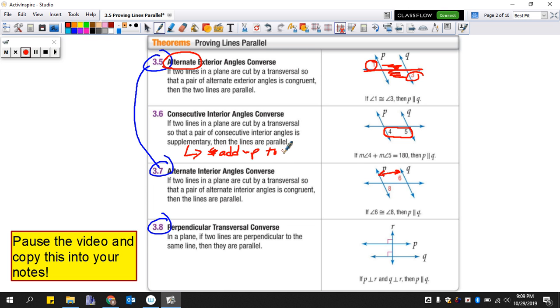So if the two inside angles on the same side of the transversal add up to 180 degrees, then P and Q, the two lines, are parallel. And the perpendicular transversal says if two lines are perpendicular to the same line, then they're parallel. So it's just the opposite. Okay, pause the video and copy this into your notebook.